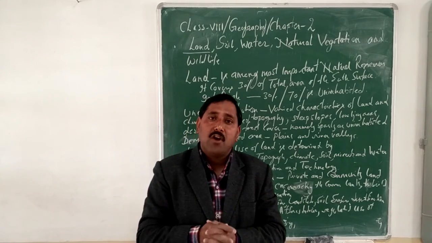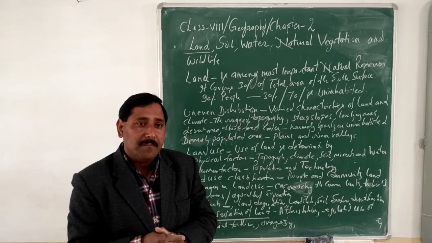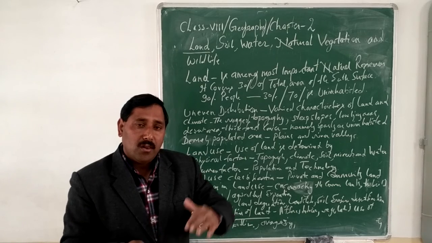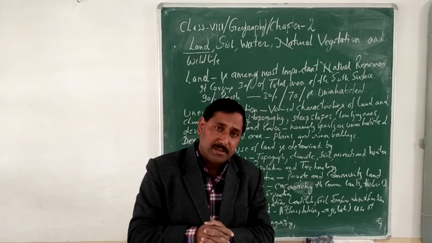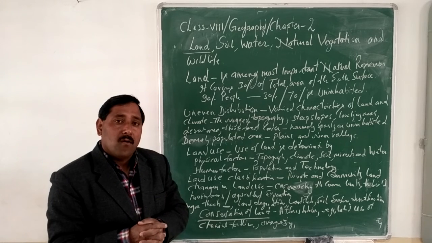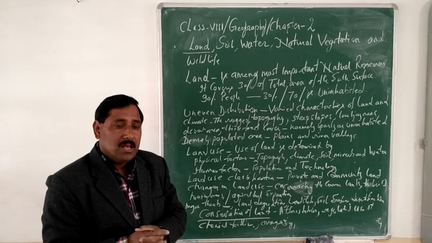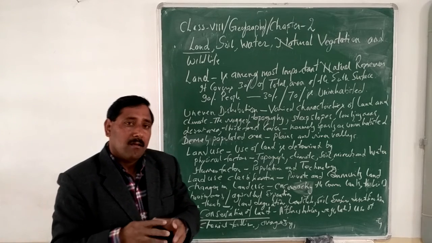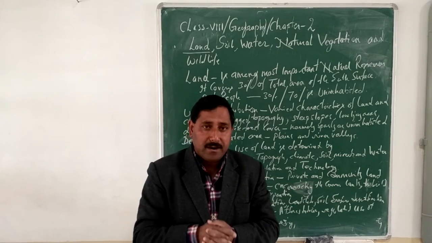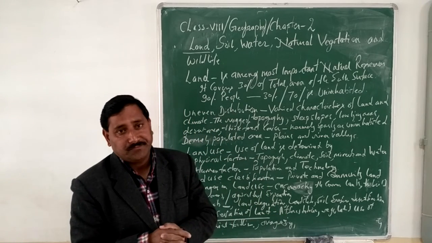Dear friends, have you ever seen that in some areas a lot of agricultural activities take place, and some areas forest cover is more, some areas barren lands are there, and some areas are used for grazing.